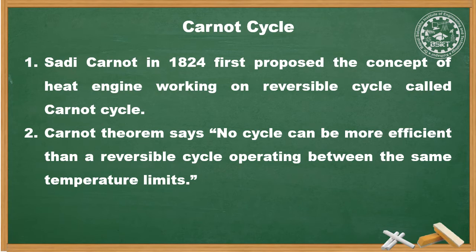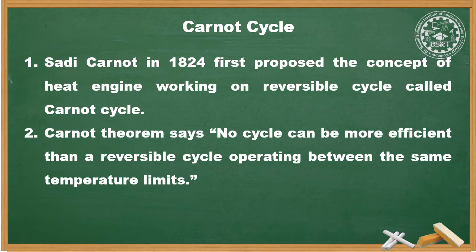A Carnot cycle is a hypothetical cycle consisting of different processes. Carnot cycle is actually an ideal cycle because heat addition and heat rejection are at constant temperature, and it is a quasi-static process, and thus this process cannot be achieved in actual practice.